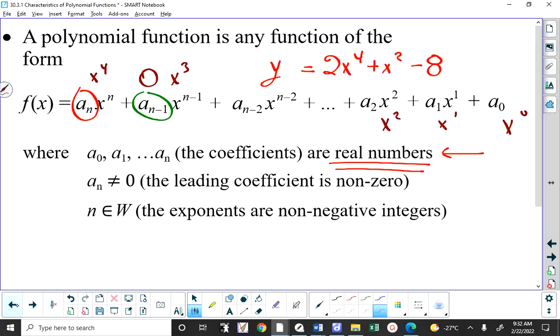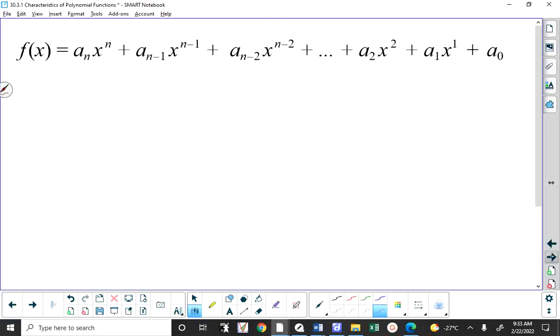I bring that up because you should just know that you don't need every single degree or every single exponent all the way down to 0. I was triggered into thinking about that because those coefficients can be negative, making the terms negative, or those coefficients can be 0, making those particular terms 0.